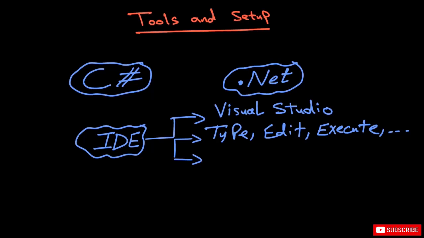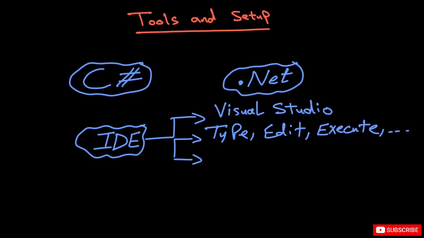And the useful feature of using Visual Studio is that its package contains the previous two tools. You can download them with the Visual Studio package. The Visual Studio package contains a powerful IDE in addition to C# and the .NET framework.